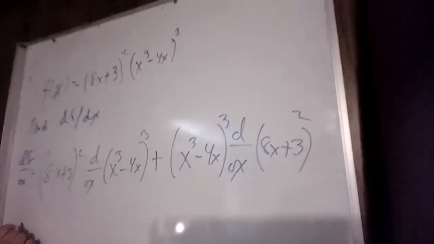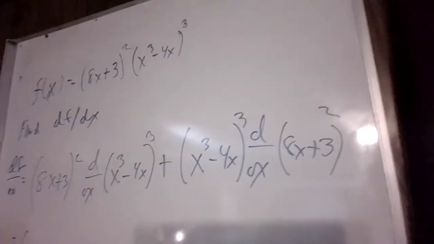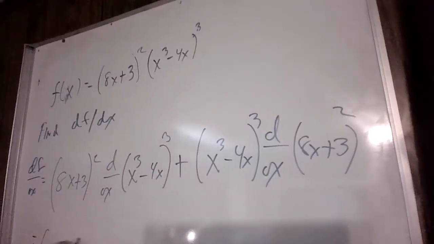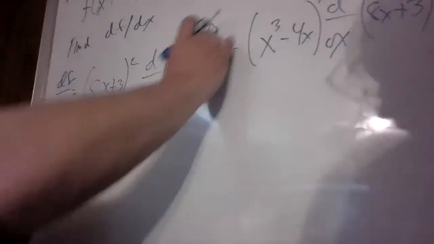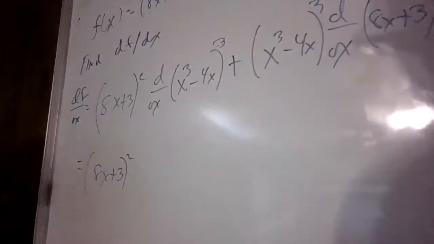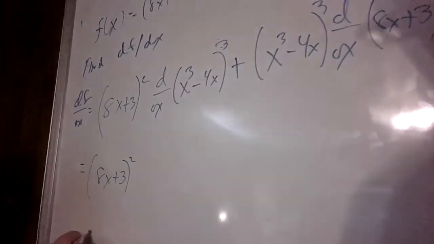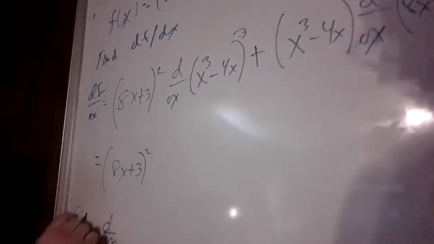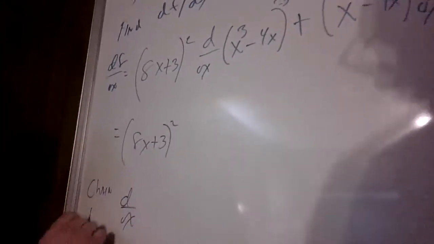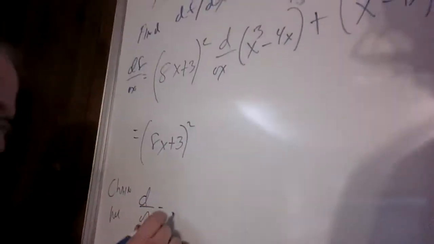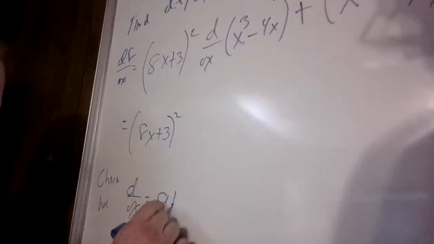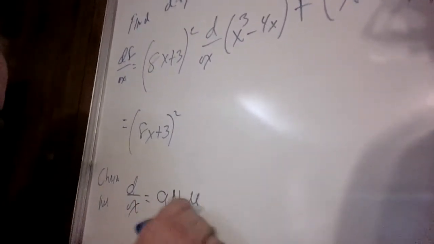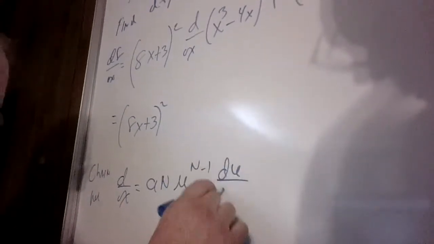So this stays the same. And what's this? This is a chain rule, right? What's the chain rule derivative? It says the derivative, chain rule, is a n u to the n minus 1 du/dx.